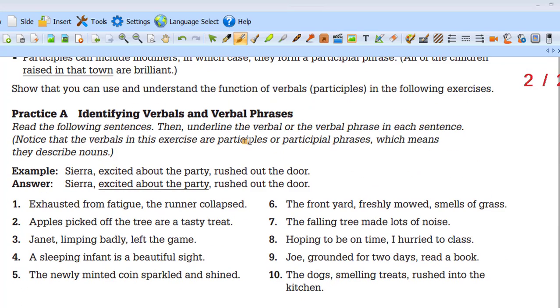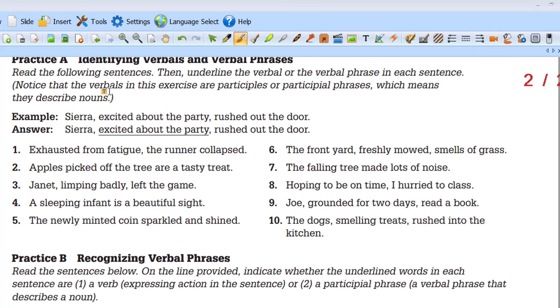Identify verbal phrases and verbals in the sentences. Just underline them. Okay? Underline the verbal or verbal phrases in each sentence. Note that the verbals in this exercise are participles or participial phrases, which means they describe nouns. Okay. Number 1. The verbal here is what? Exhausted from fatigue. Exhausted from fatigue, the verbal phrase.